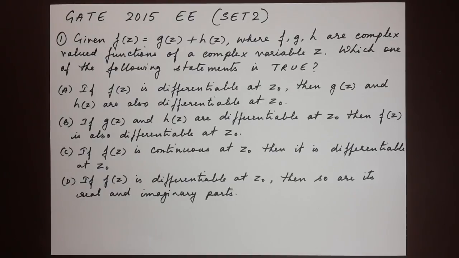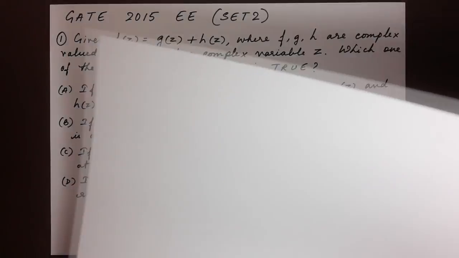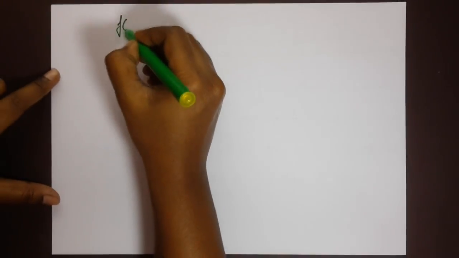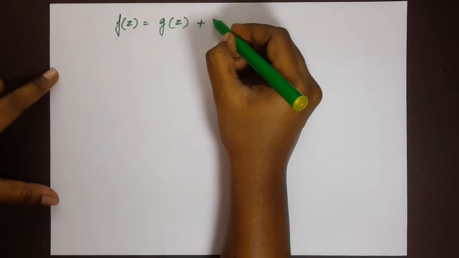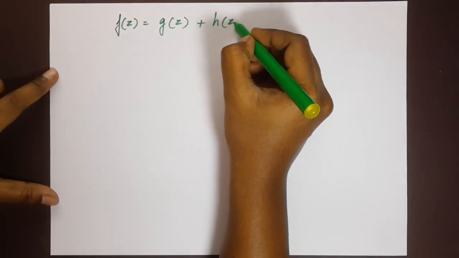Well, this is not really true, because if f(z) is differentiable, it's not really necessary for g(z) and h(z) to also be differentiable at the same point z0. Now we'll take an example and show why it doesn't really have to be true. Okay, so we have our given expression which says f(z) = g(z) + h(z).